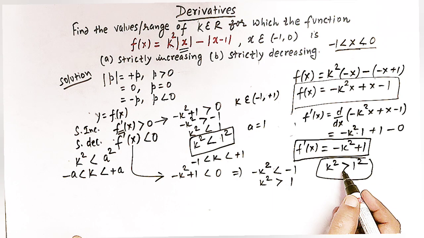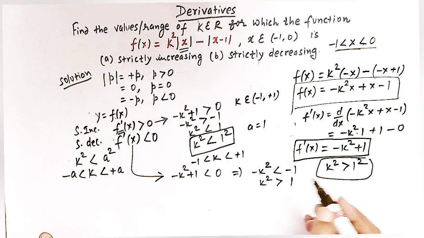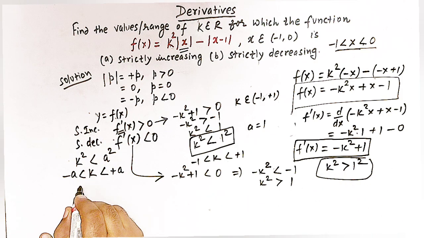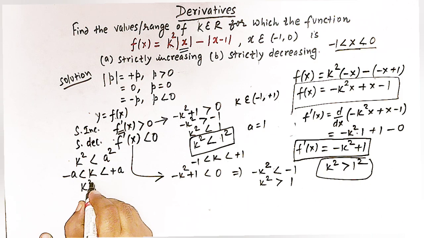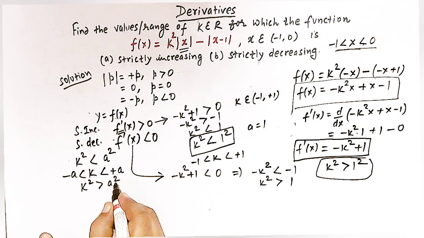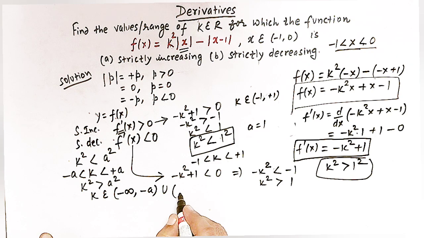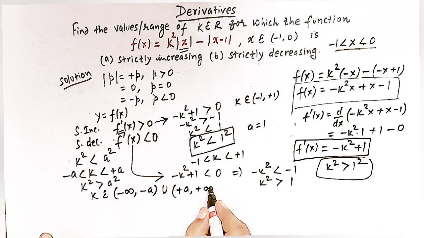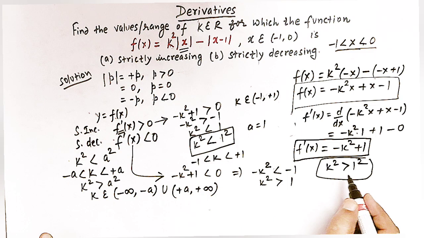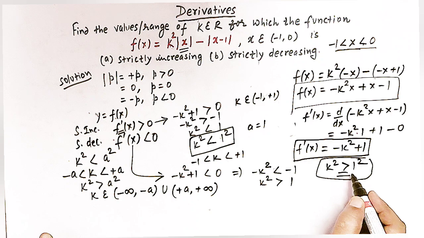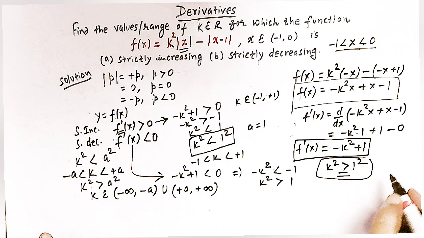So here again we'll make use of another standard result from inequalities: if we have k square greater than a square, then k belongs to the interval minus infinity to negative a, union, and here we have positive a to plus infinity, right? So here if we compare this inequality with this one, then a is 1.